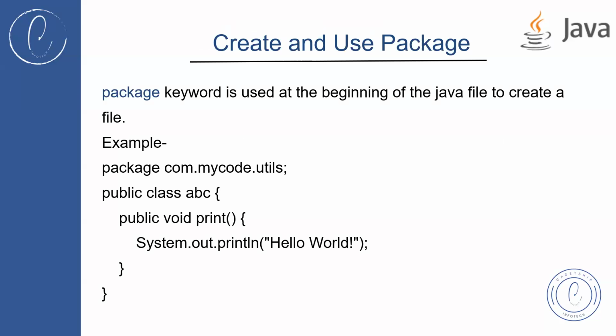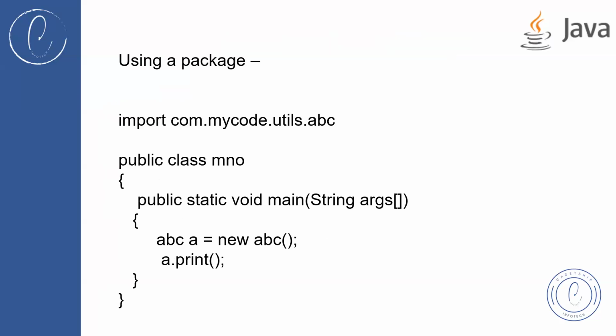Here you can see we have our package, com.mycode.utils. This is a convention for accessing the package and the classes inside it. Like this, we have created a package.